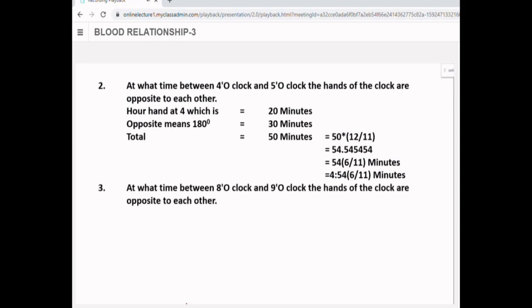Next, do this now. They are opposite each other. You have to check what the question is saying. Right now we are doing the opposite question between 8 and 9. What is the total?